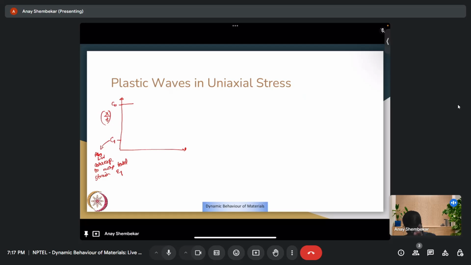This is the elastic wavefront at c naught, and then you have different velocities depending on the intermediate strain values going from 0 to epsilon 1.